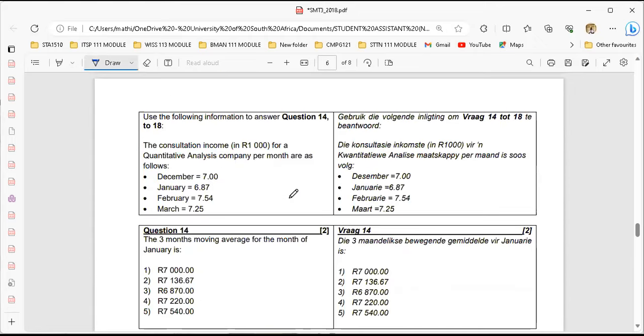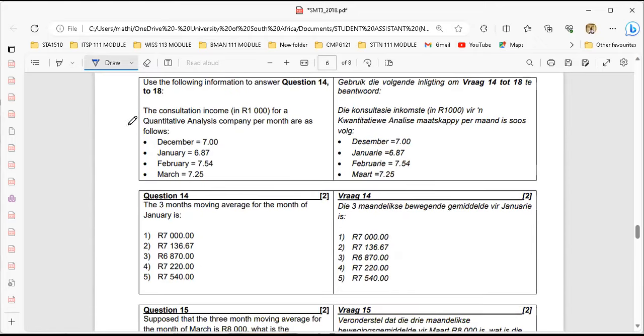Okay, let's look at question 14. They say use the following information to answer questions 14 to 18. The consultation income in thousands for a quantitative analysis company per month is as follows: December, January, February, March. Very simple, interesting. Let me show you something.